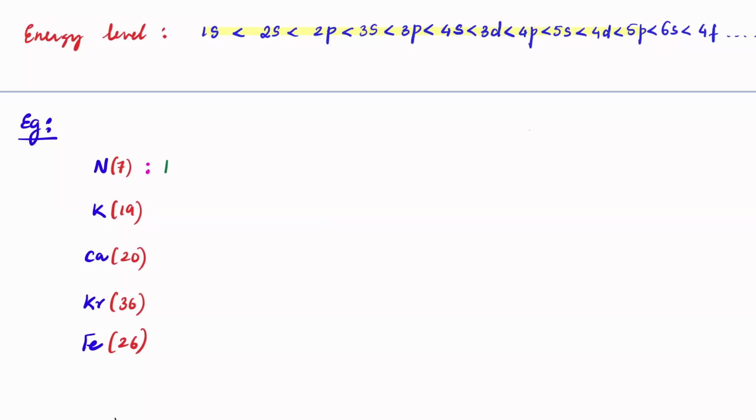You know that 1s is an orbital which has a capacity of 2 electrons. 2s also has 2 electron capacity. Now when it comes to 2p, there are 3 orbitals, 2px, 2py and 2pz. If each orbital can carry a maximum of 2 electrons, a p subshell can carry a maximum of 6 electrons.